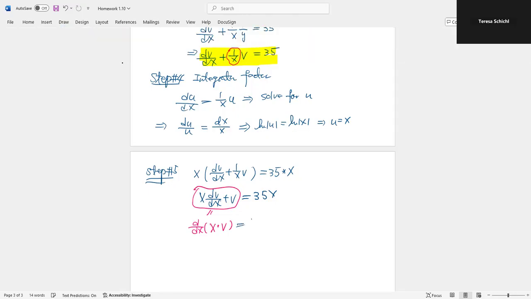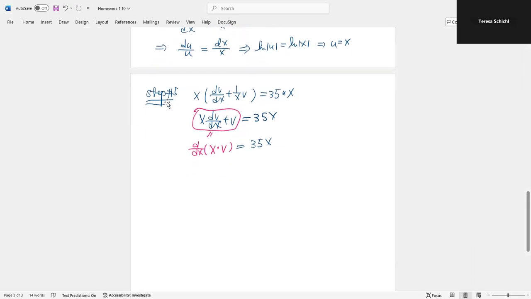This will be 35x. Now step number 6: you integrate both sides. You integrate d/dx of xv dx equal to the integral of 35x dx. By the fundamental theorem of calculus, we know this one is xv, equal to 35 over 2 x squared plus c.